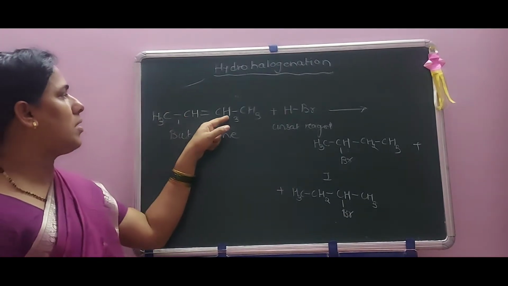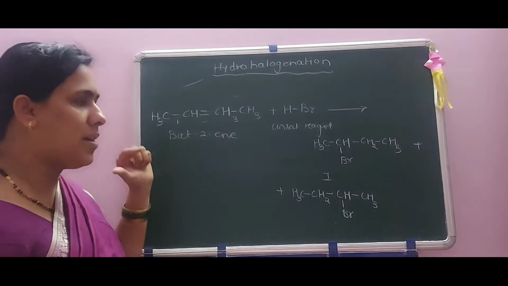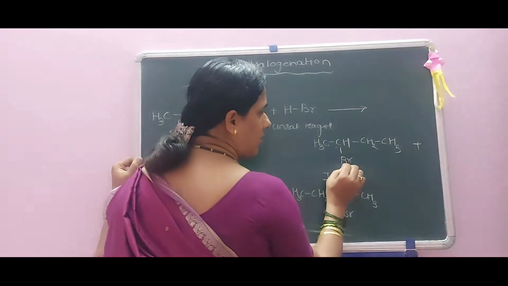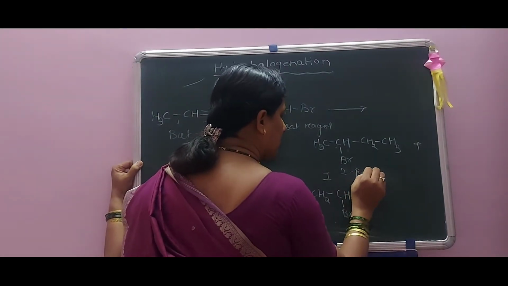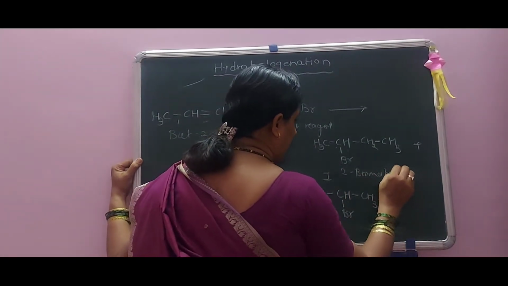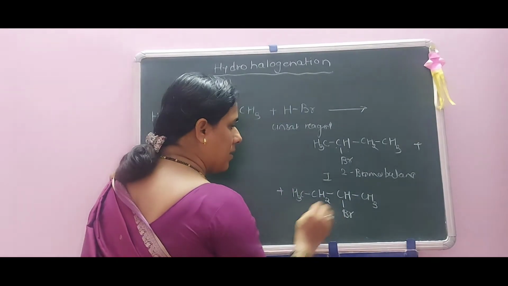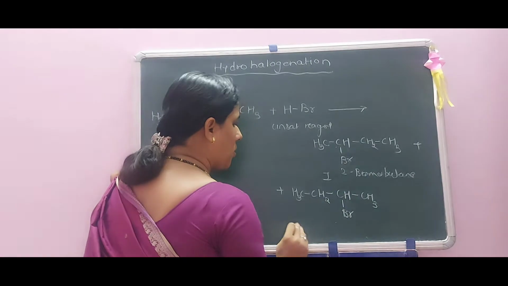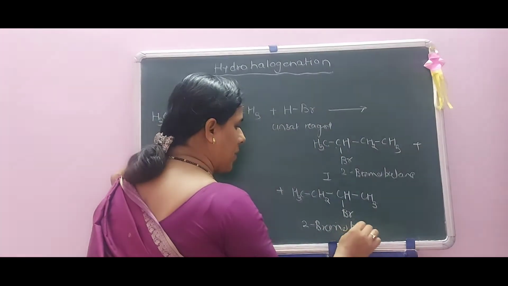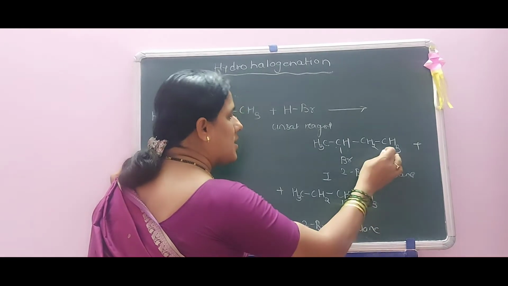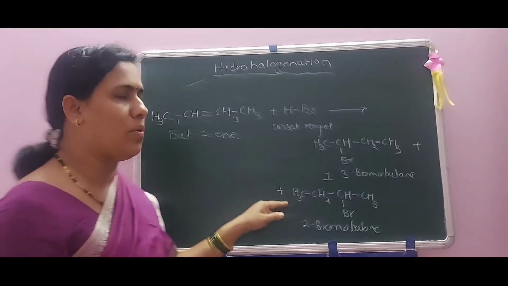Here also the structure of the alkene is symmetrical. The name of the compound is 2-bromobutane, and here also 2-bromobutane, whichever side we name from.